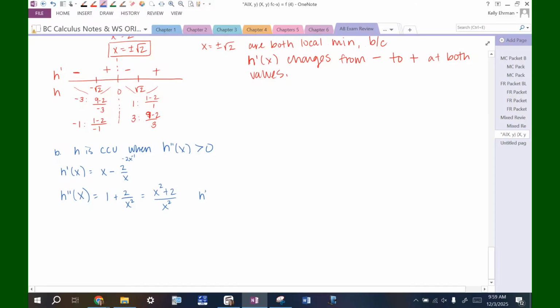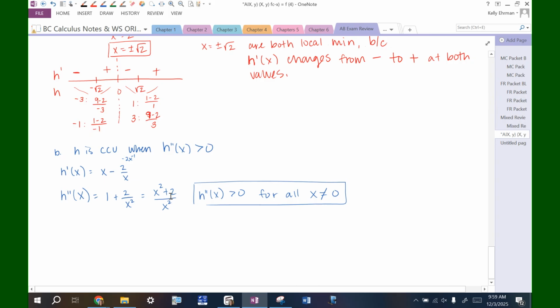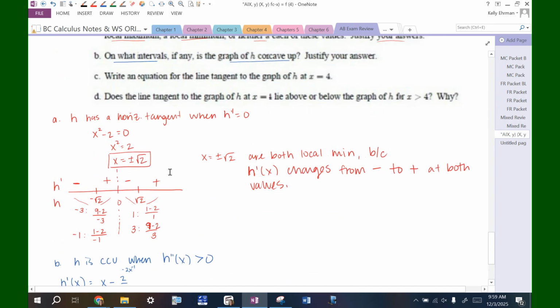So h double prime of x is greater than 0 for all x not equal to 0. Or you could say negative infinity to 0, 0 to infinity. But I think I'm just going to answer it like this. And I know that because these x squareds are positive and we're just adding 2.